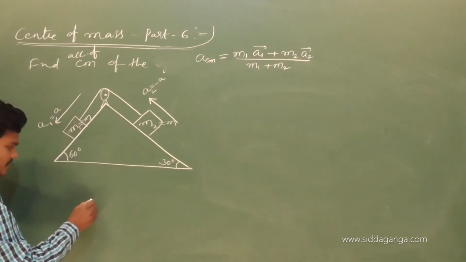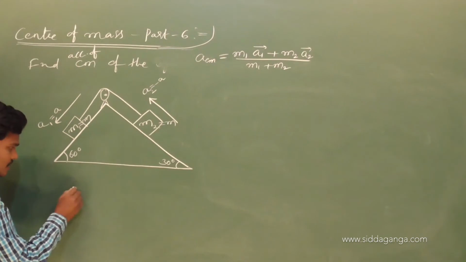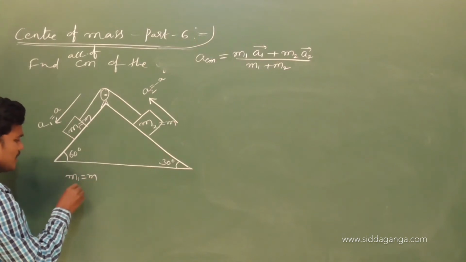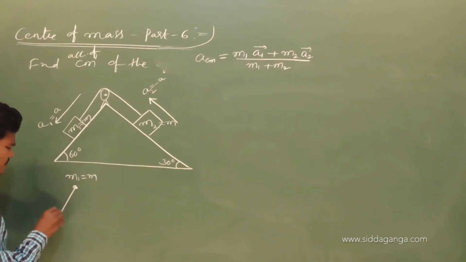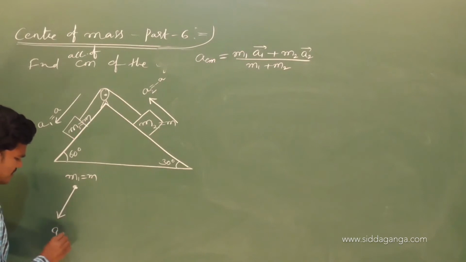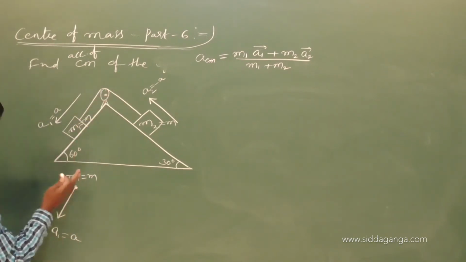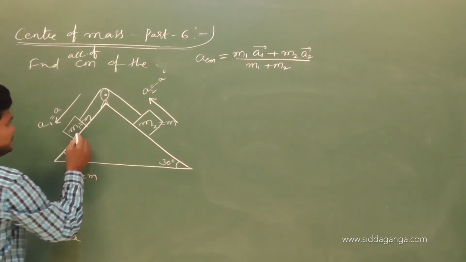Acceleration of m1, let me draw a diagram here. This is m1, which is equal to m, and it is moving down with a1 equal to a.